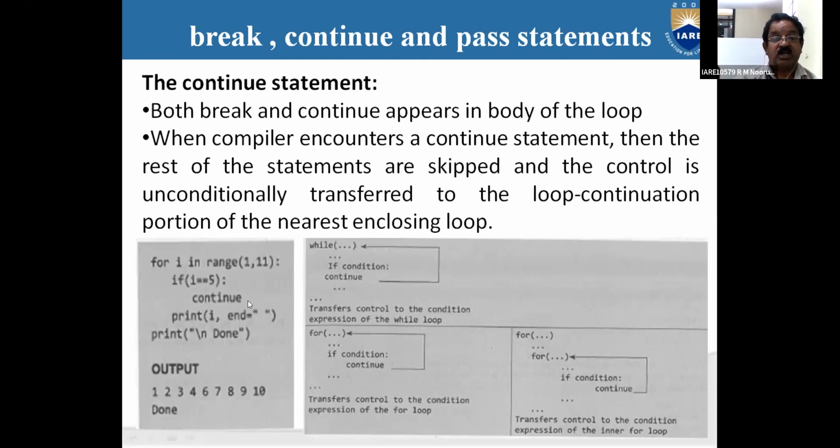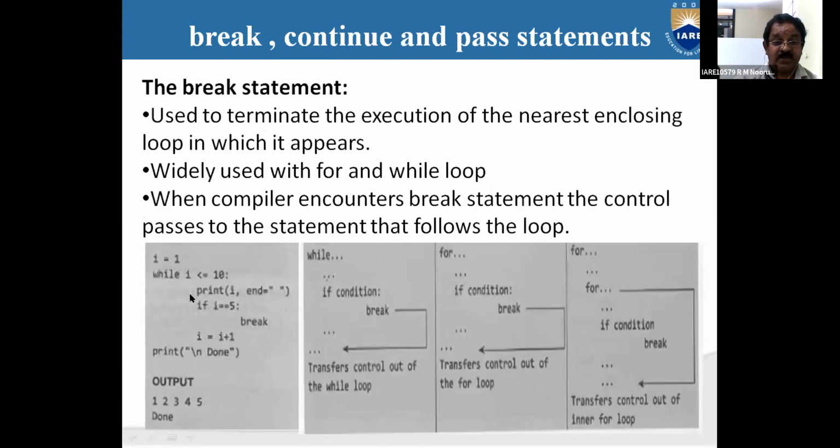Say for example, in case of the previous one, you have initialized i equals 1, i less than or equal to 10, print i. Then if i equals 5, break. Here i starts with 1, then goes to 2, 3, 4, 5. When it comes to 5, it will come out of that particular loop.